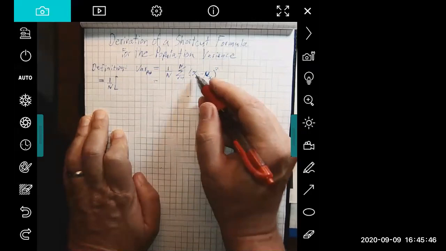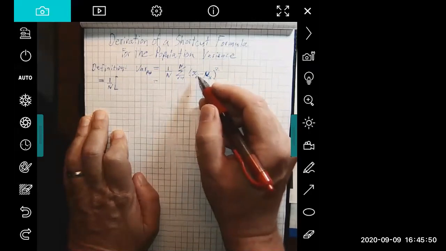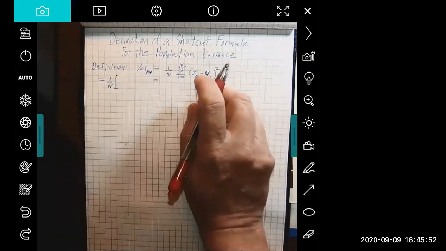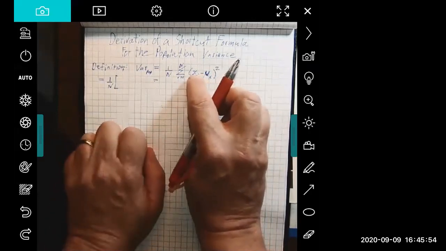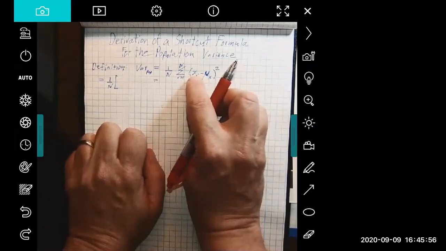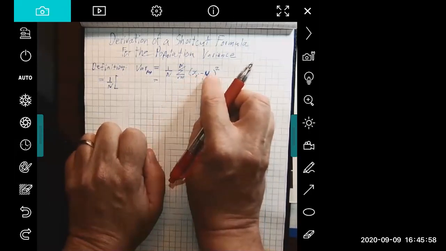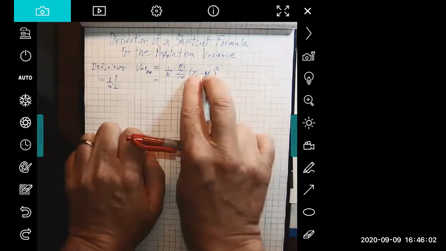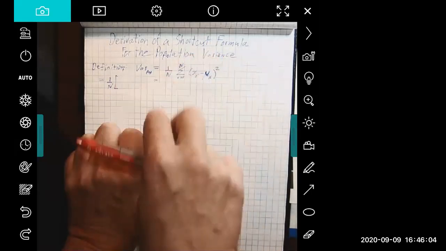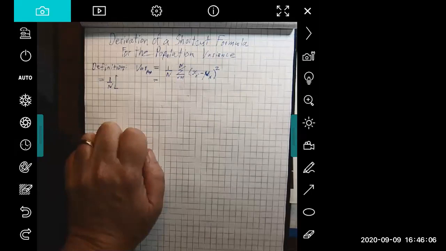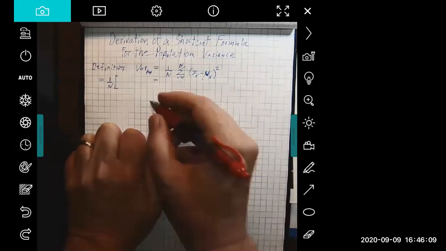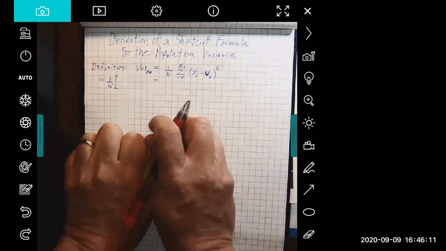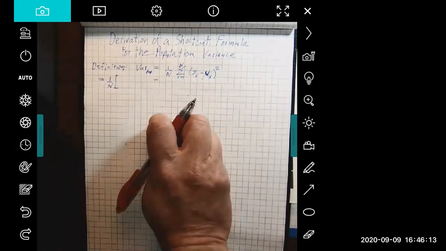You're taking all the x values for the individuals, x1 and x2 and x3, and so forth. You're subtracting the mean from each individual's x value, to see how far from average each person is. You square all those, add it up, and divide by how many people there were. So it's the mean squared deviation from the mean.